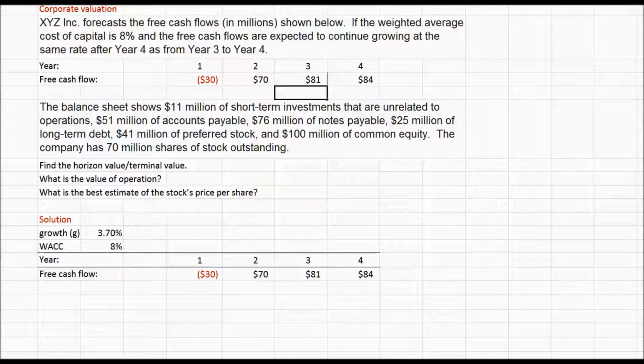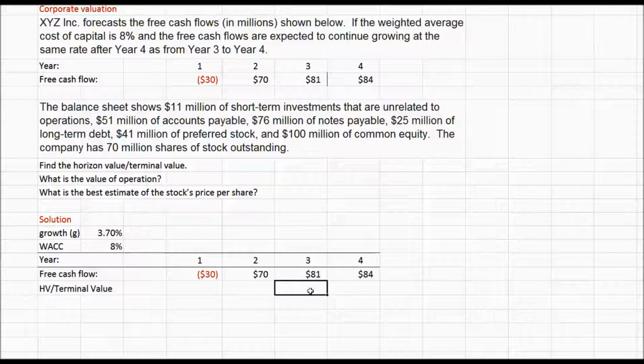So let's figure that out. Here I'm going to write horizon value, or terminal value. As I said, this is going to be year 3.